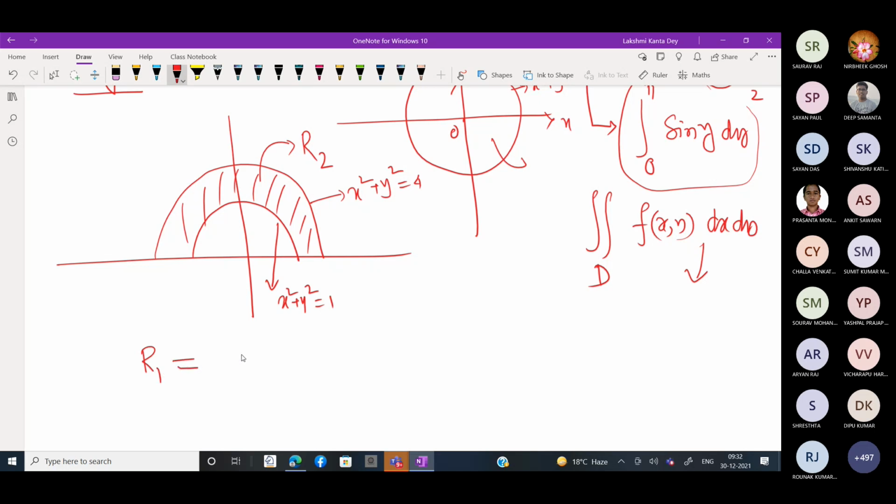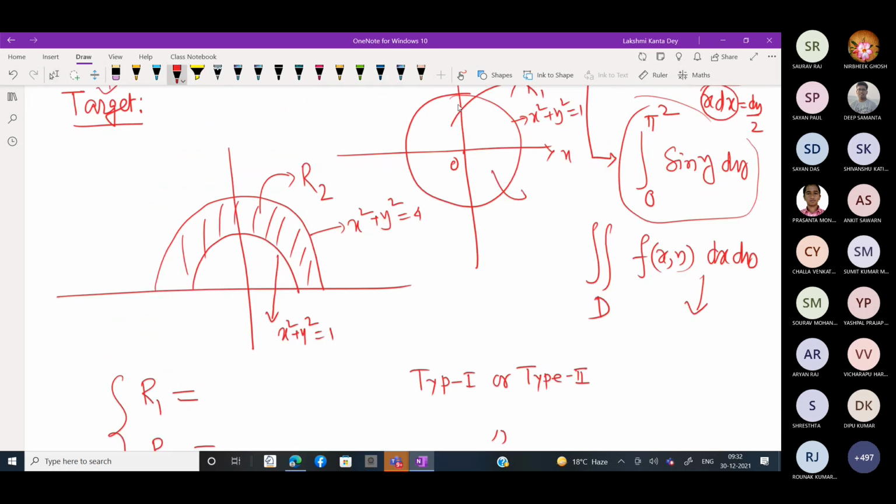R1 you can write as a type 1 or type 2 region in the rectangular coordinate system. Similarly, you can write R2 as a type 1 and type 2 region. But if we write this part in the polar coordinate system, all of you are habituated, so it is a very simple way we can write.